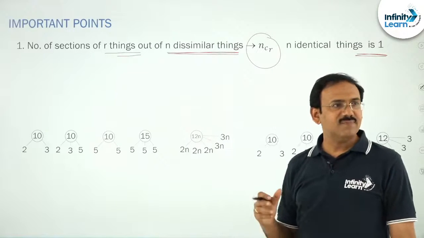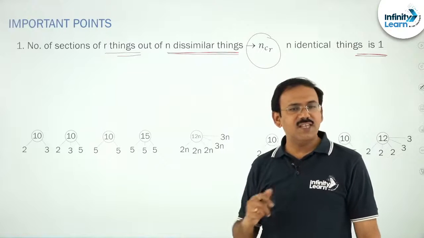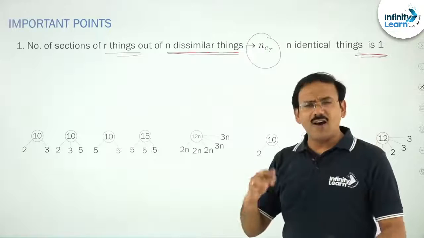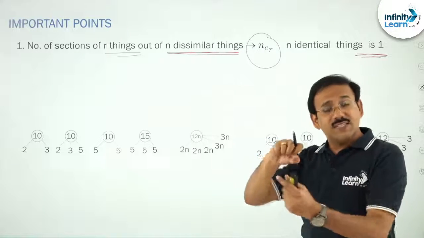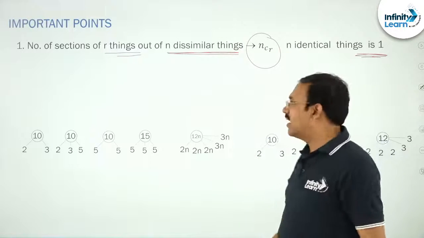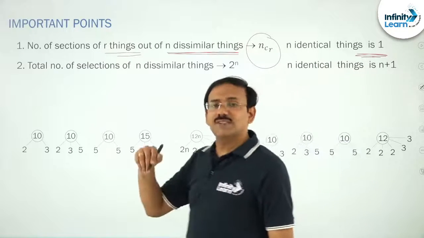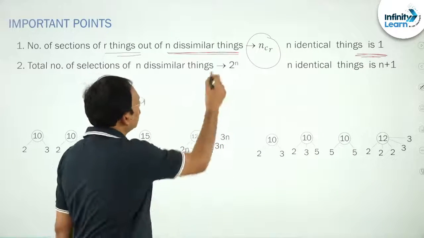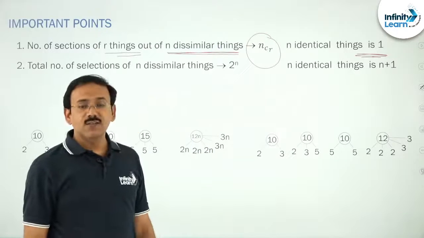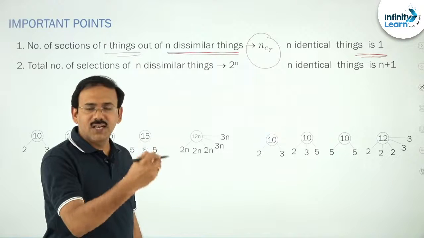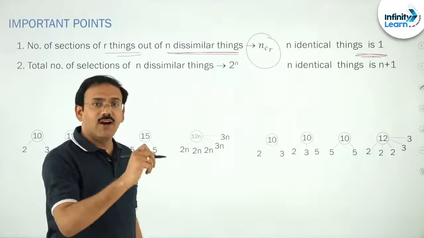Yeah, fine dear students. You see, when all are identical, the number of ways of selecting R things is only one way. In the same way, the total number of selections, for example out of n objects, means selecting one object, two objects, three objects, n objects, or none of them.